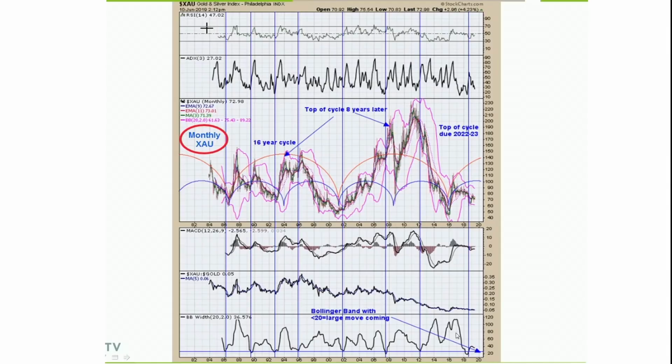Well, the Bollinger Bands did get extremely narrow back in 2018, came up a little bit, and we think that move is still developing here. I put this in as the top of the cycle. We're looking for 2020 to 2022, according to the cycle work. So we've got 3-4 more years to go, we think, in the gold market. And the Bollinger Bands really haven't moved up from the lows yet.